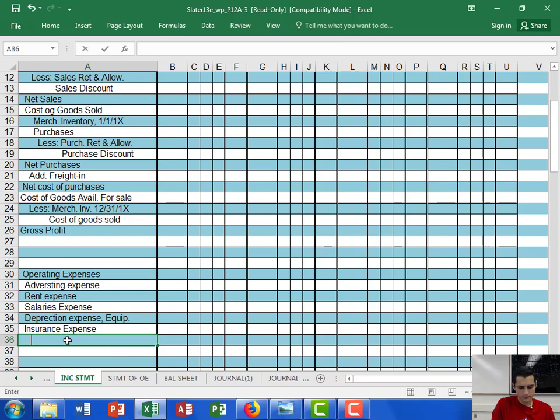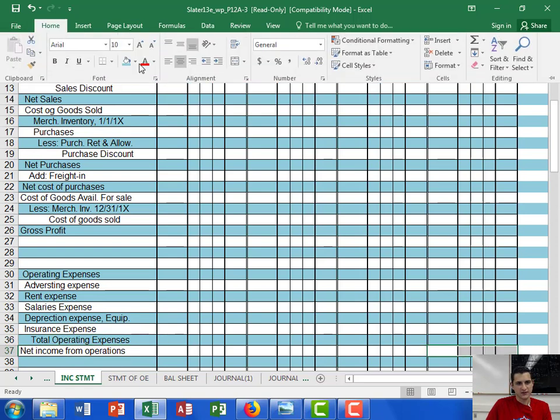Then you're going to have your total operating expenses. Then underneath that, you're going to have net income from operations. Now, net income from operations, this number will be on your final side over here. So I'll give that a small orange highlight so you know that number will go there.